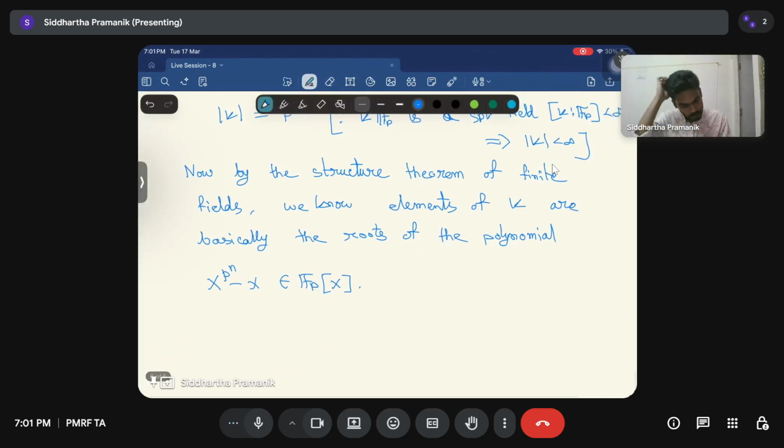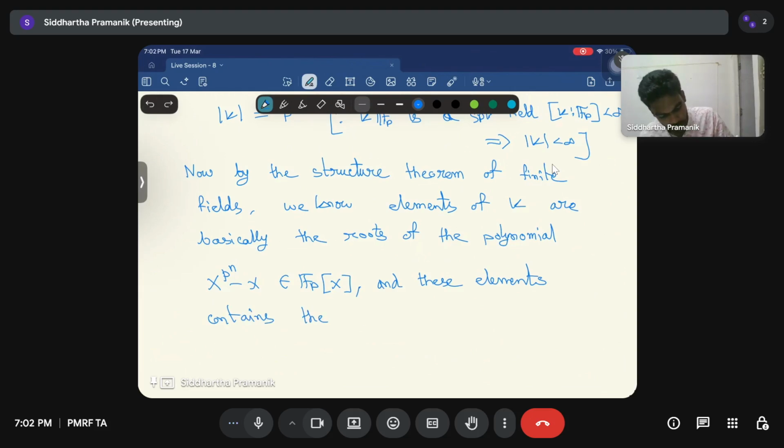So K contains the roots of f(x) also. That will imply f(x) must divide x power p power n minus x.